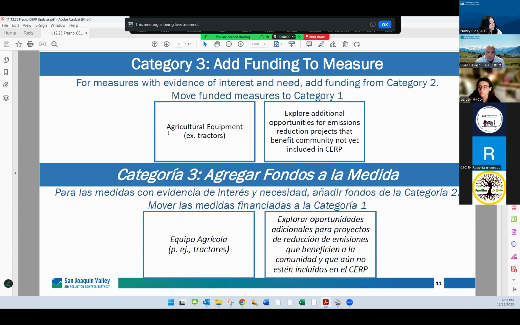So the big question is, where do we have emissions and where do we have opportunities for getting emission reductions? And one of the ones that we looked at was agricultural equipment. There's still a lot of equipment out there that is aging, older, higher polluting, and doesn't have regulations on the books in regards to needing to transition.